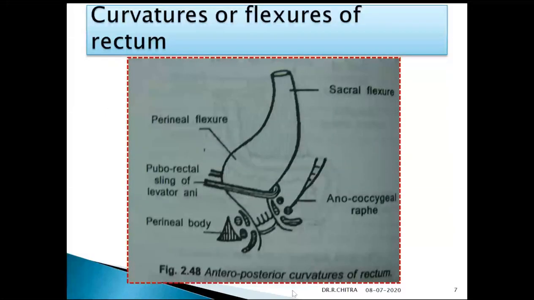So this is the sacral curvature in the concavity of the sacrum, and this is the perineal curvature which is forwards, this is backwards.